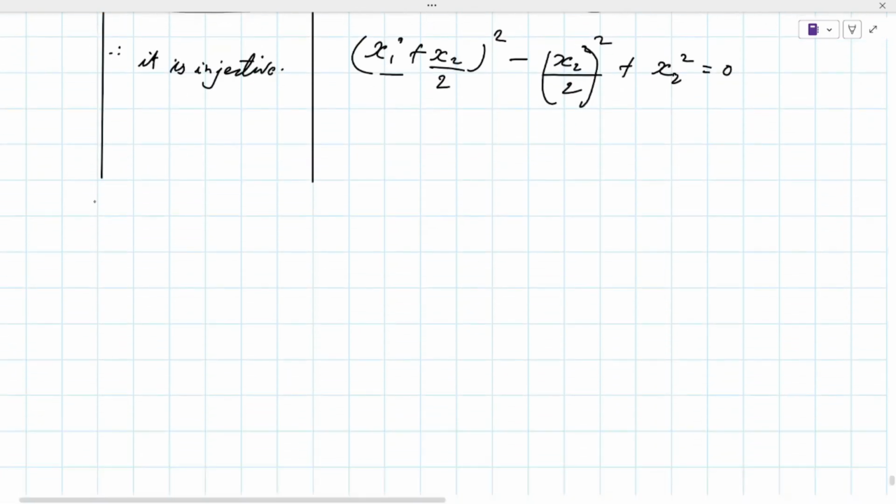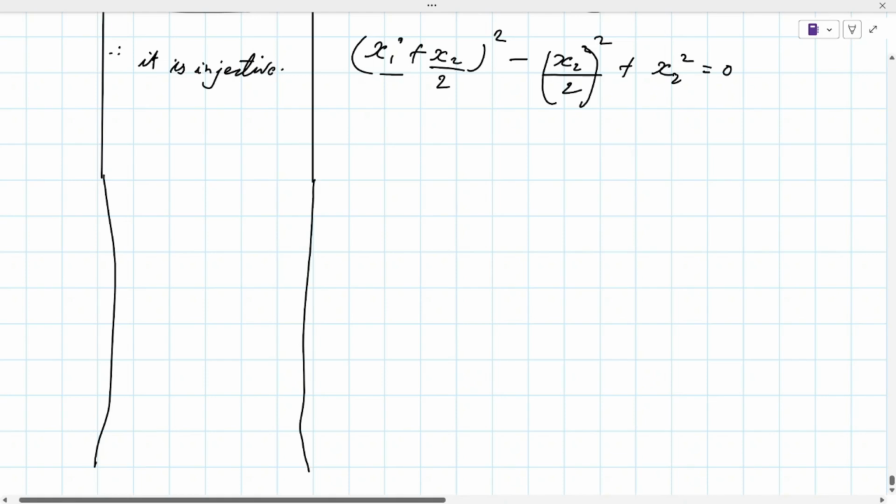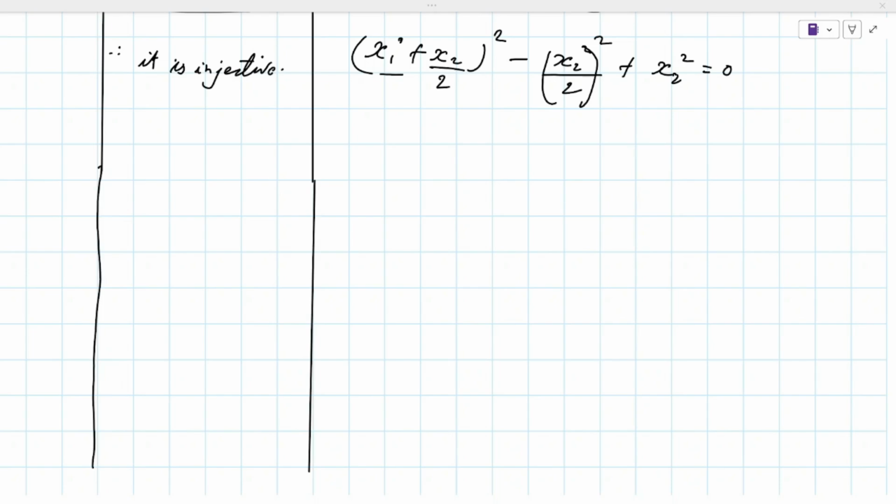Now let's see here. Just wait a minute. See here, this part we can write like this, x1 plus x2 by 2 whole square, right?